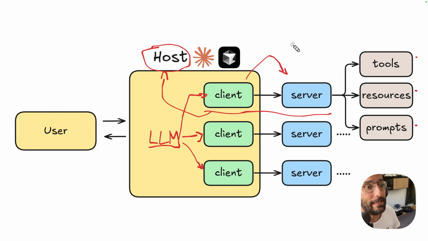Now, this is great, but how can we get an actual idea of what this looks like? So instead of me continuing to go into the details and specifics of what the host, the client, and the server are, let's just write some code and see what that looks like.